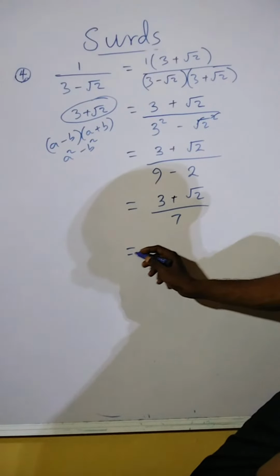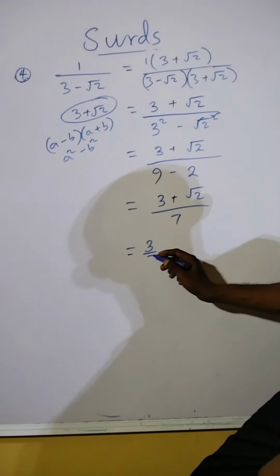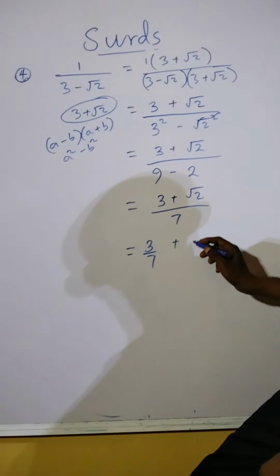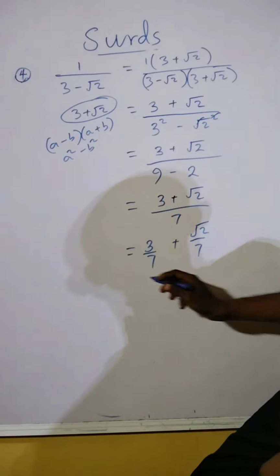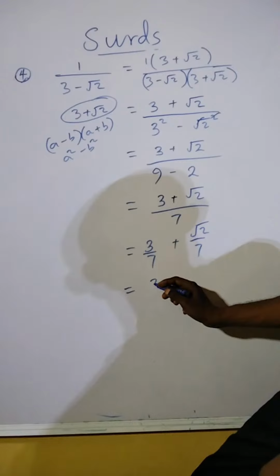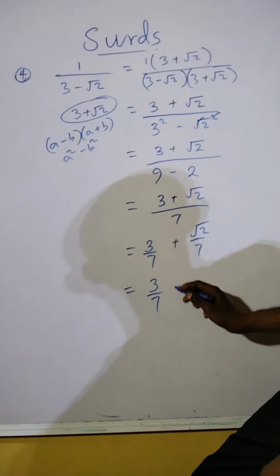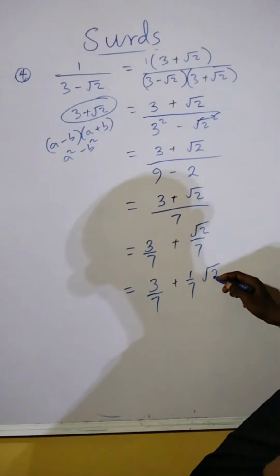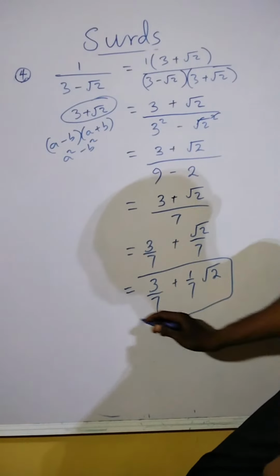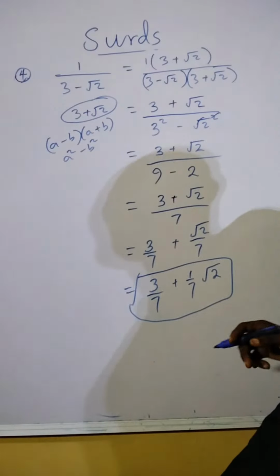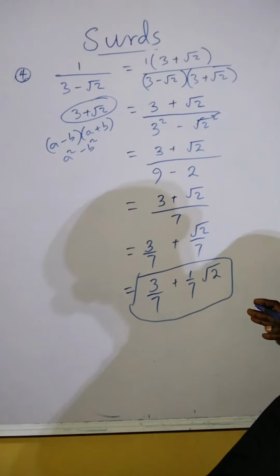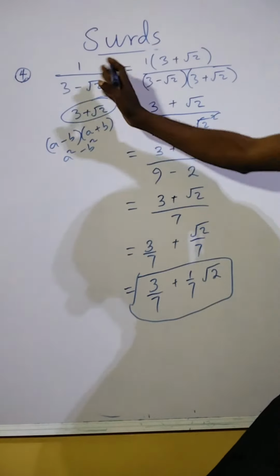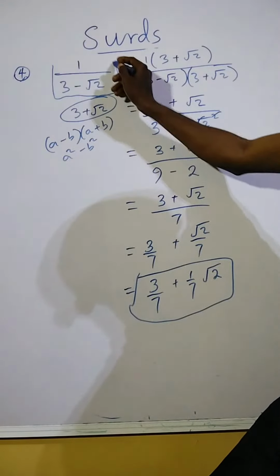And when we separate this, we have 3 over 7 plus root 2 over 7, which is the same thing as 3 over 7 plus 1 over 7 root 2. So here we have this now as the simplified form for this particular solved problem.